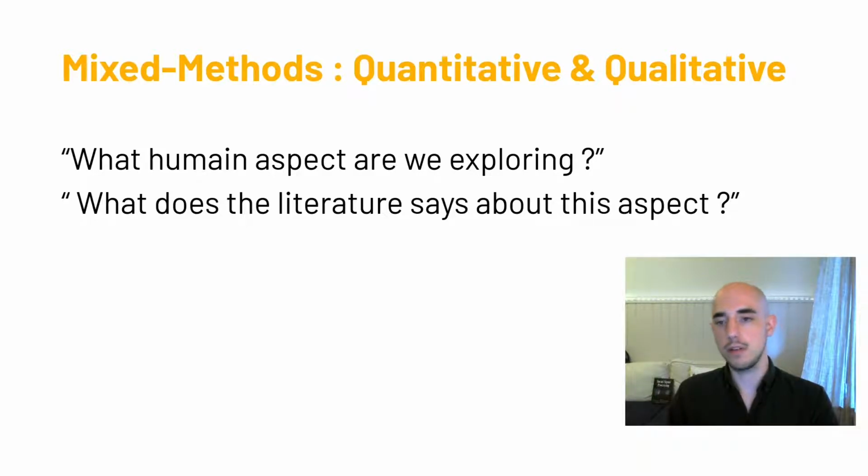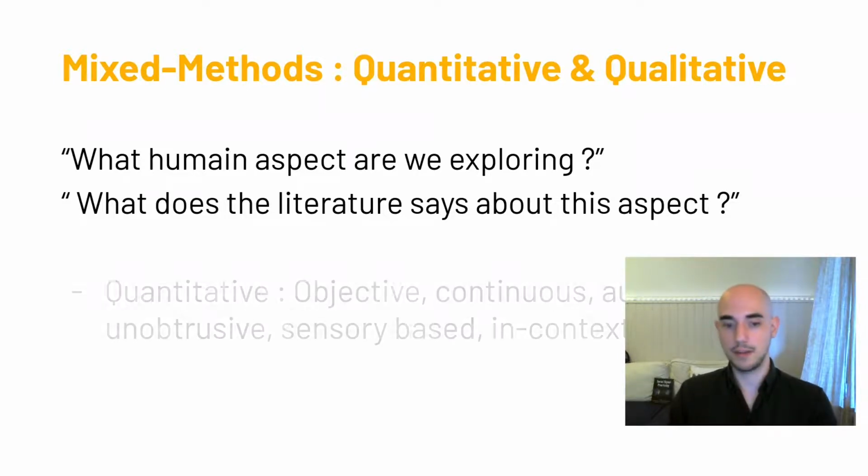For example, we are computer scientists at the beginning, but the literature on sleep will be mostly medical. Of course we can quantify sleep with this wearable, which I will show you later, but medical research has a lot to say about sleep. So we should also focus on what they have to say.